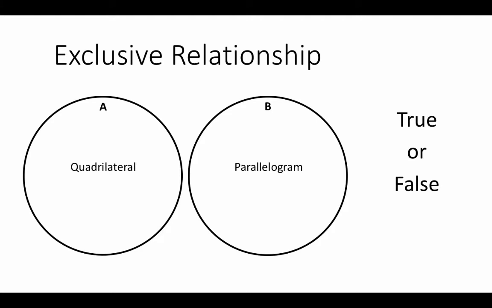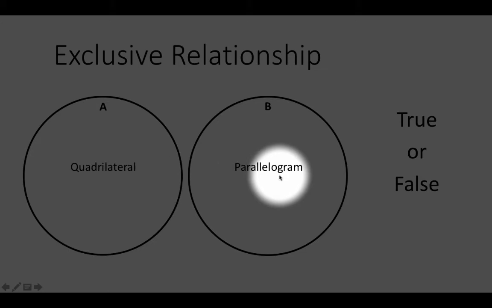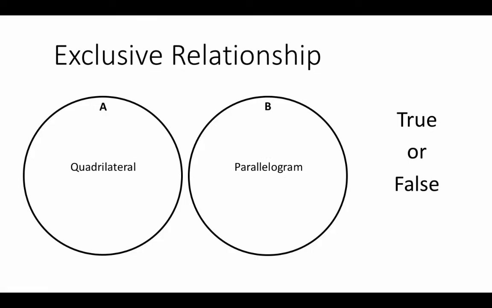How about the relationship between a quadrilateral and a parallelogram? Is that exclusive? True or false? A quadrilateral is a polygon with four sides. There's no other requirement to be a quadrilateral. A parallelogram must have two pairs of parallel sides, but it's also a quadrilateral.